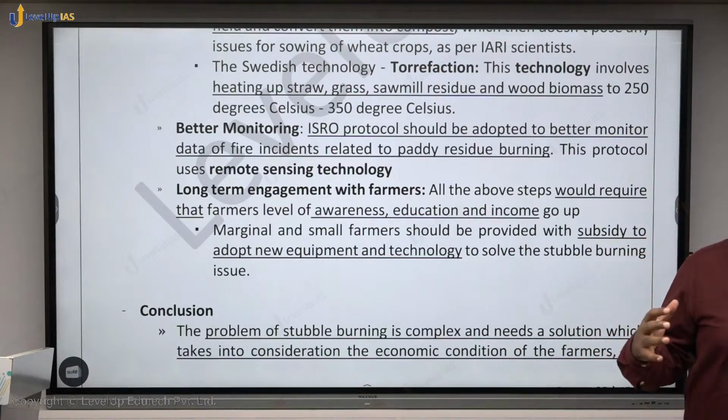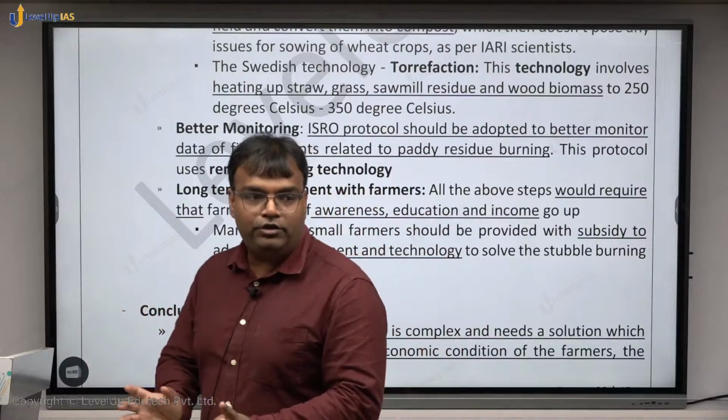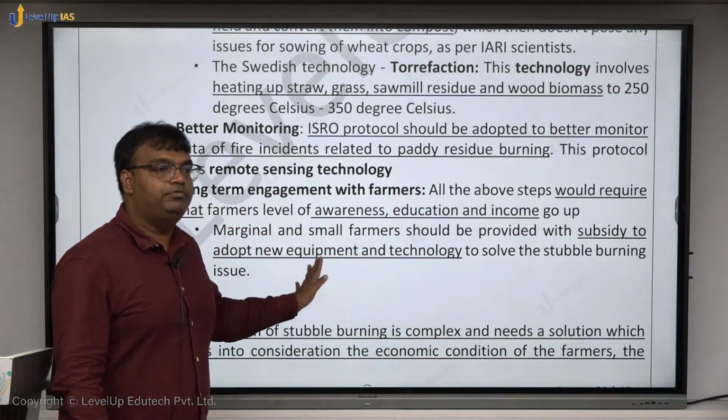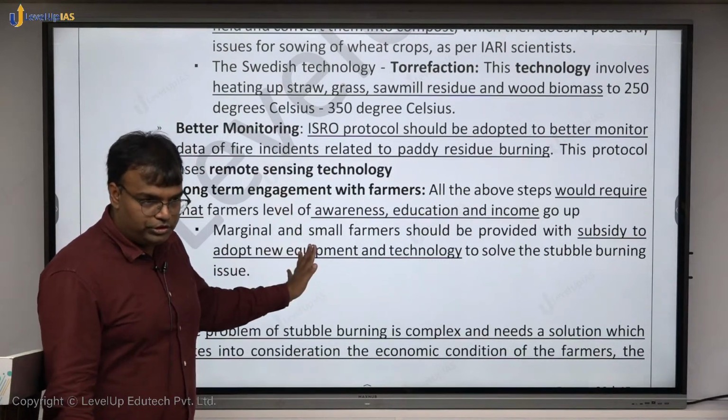Again, farmers will have to be kept in the loop from the beginning only कि आपके साथ अब ये किया जाएगा, this kind of cooperative would be formed. So regular continuous engagement with farmers is crucial to find a solution.